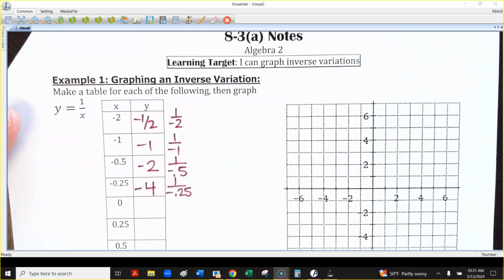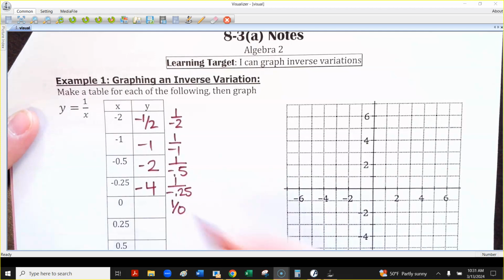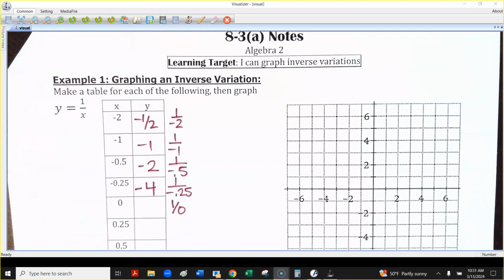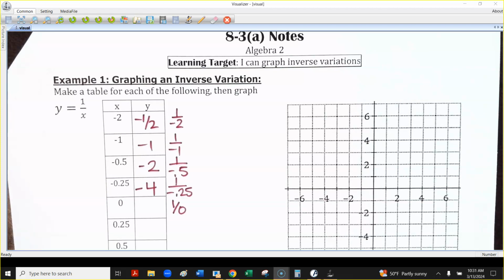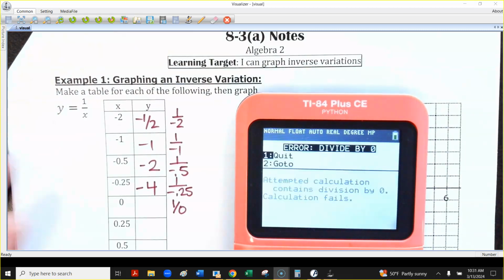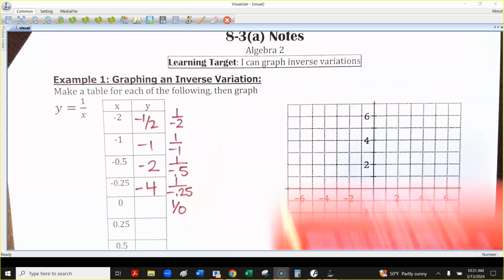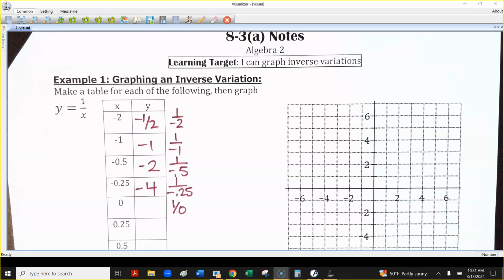What would you do if I asked you to do 1 divided by 0? Can I do that? Is that defined? If you actually try to do that on your calculator, and it was scientific or graphing, it should give you an error message. You're not allowed to divide something into 0 pieces. The easiest example I can think of is if you had a pizza and I said divide that into 0 pieces, you can't do that because you have a pizza, right?